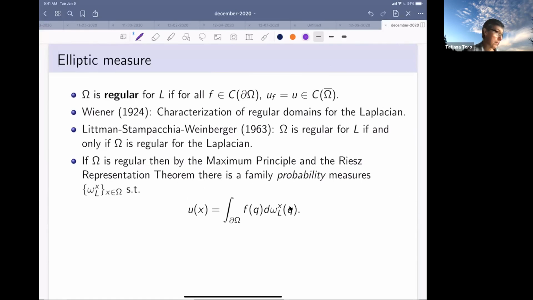So you might be familiar with these for the Laplacian. If L is the Laplacian, we are simply talking about omega L being the harmonic measure.